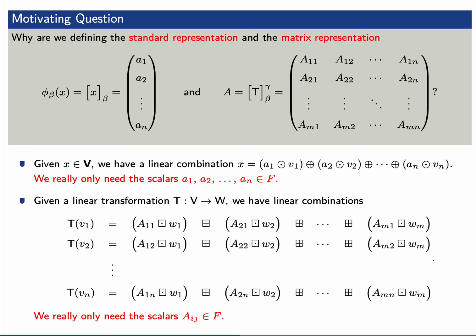Recall from the way we've set this up, if you take a look at the image Tv1, then here we have a11 times w1 plus a21 times w2 plus am1 times wm. Those scalars get placed in the first column of our matrix representation A: a11, a21 through am1. Again, they are placed in the first column of A.